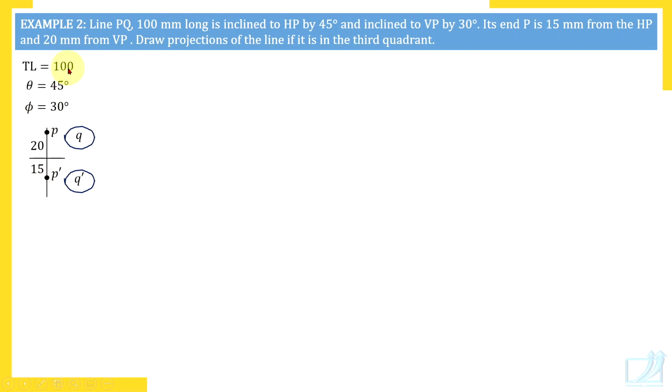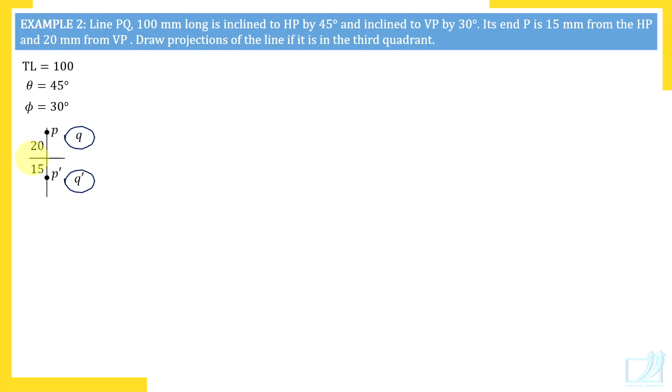Have you noticed that there are 5 measurable details? 100 millimeters, that is true length, inclination 45 degrees, inclination 30 degrees, and position of point P 20 and 15. Now what about these 5 measurable details? Remember, you will always know at least 5 measurable details in a problem on projections of lines inclined to both the reference planes.